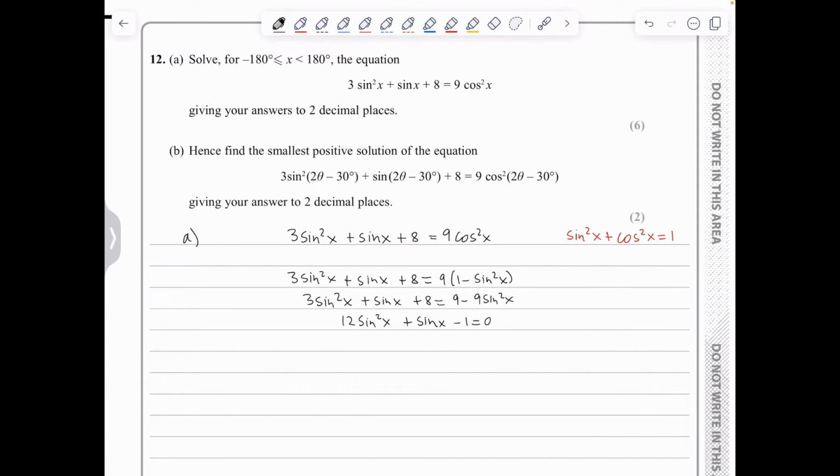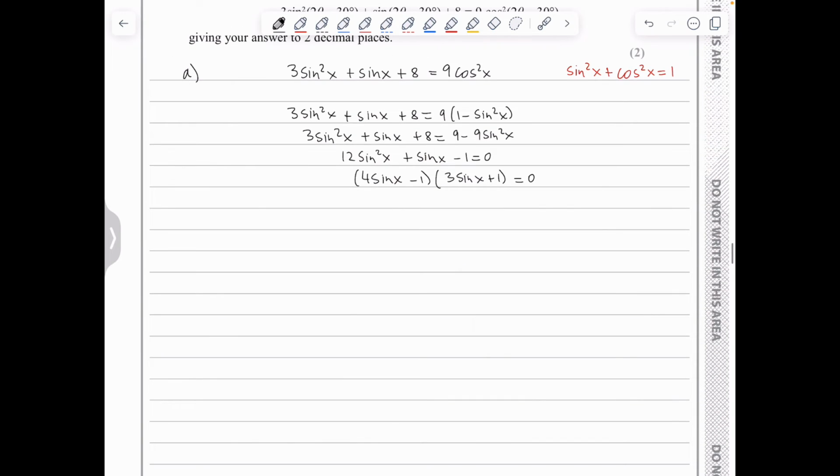And I will factorize this to give me the first bracket 4 sine x minus 1 and the second bracket 3 sine x plus 1 is equal to 0, which means that either 4 sine x minus 1 is 0 or 3 sine x plus 1 is 0. So we have that 4 sine x is 1, leading to sine x is a quarter, or 3 sine x is negative 1, leading to sine x is minus a third.